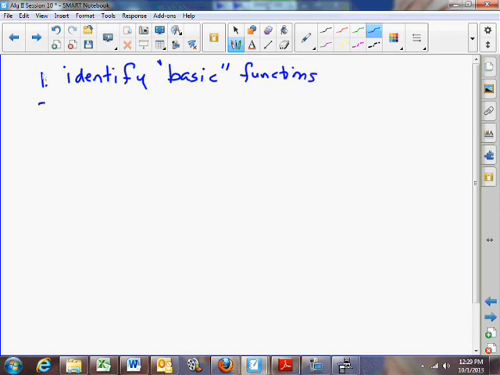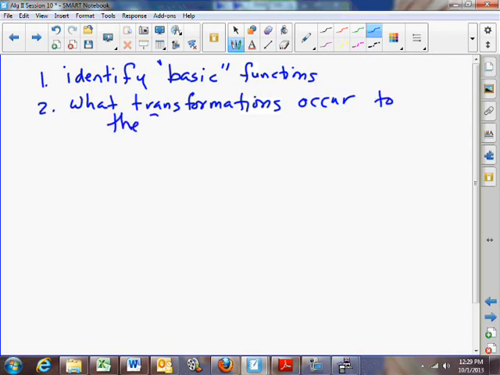And then number two, we learn what transformations take place to those functions and their graphs.